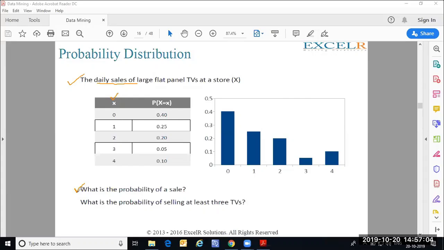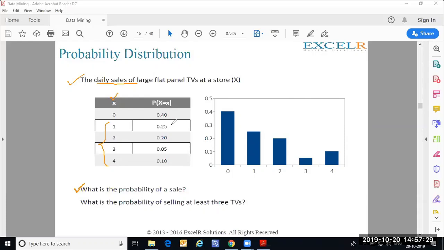Okay, fine. Question is, what is the probability of a sale? A sale means at least one TV is being sold, right? At least one, how many cases do I have? All these 4 cases represent at least a sale.